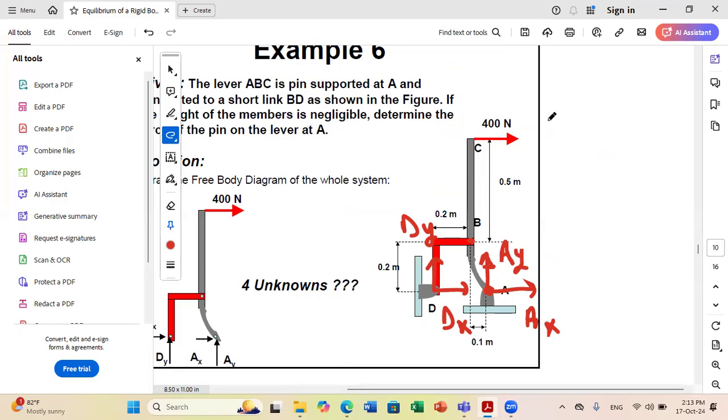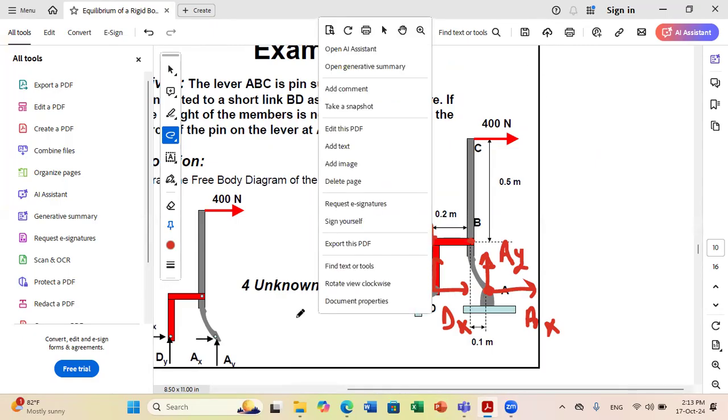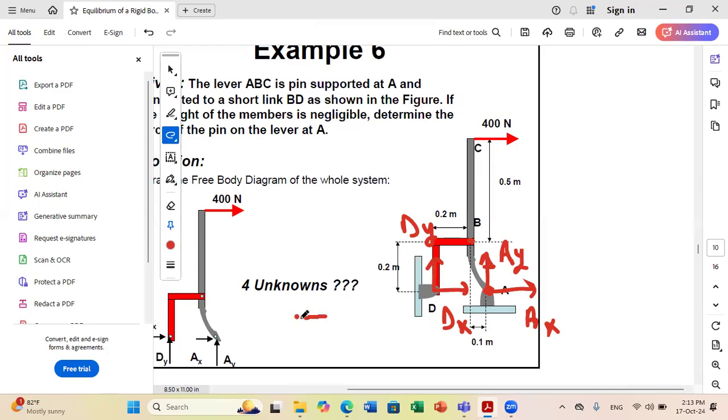So what should I do then? I have two possibilities. Either I separate the two parts, and I take BD alone, okay? If I take BD alone, what are the forces acting on it?